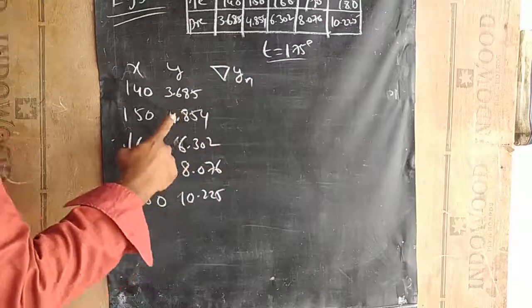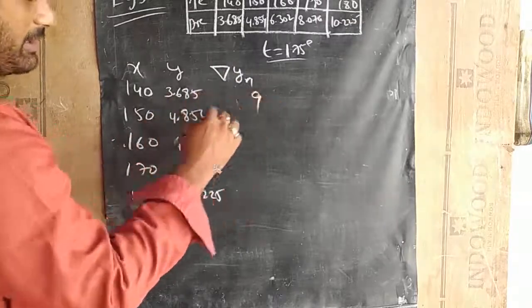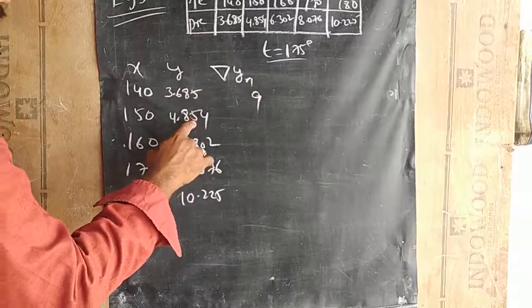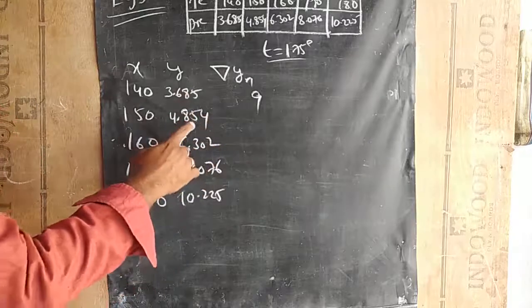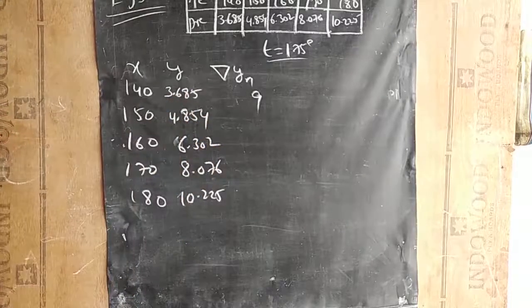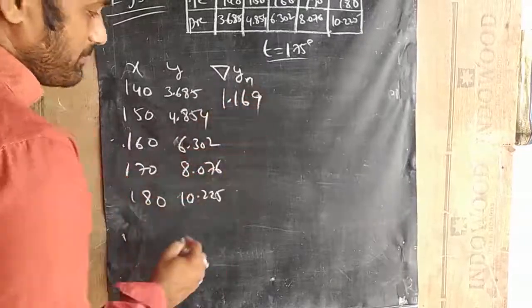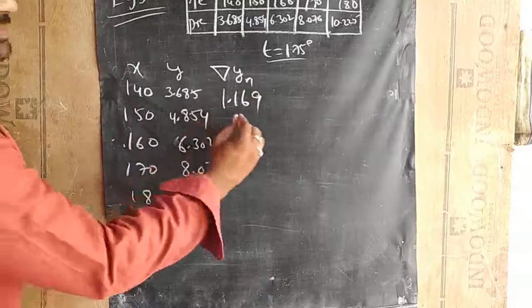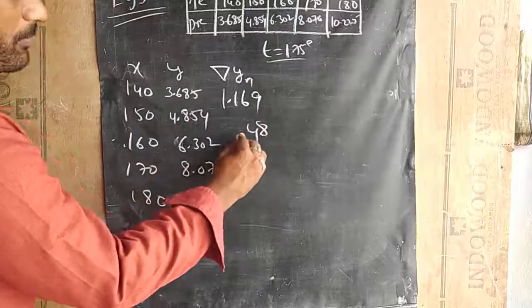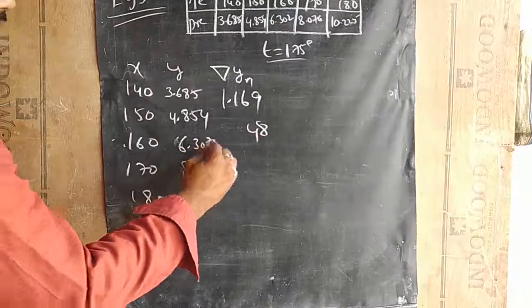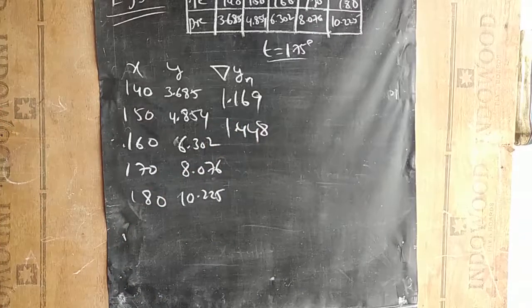Since we are doing backward, that is delta yn. So first, 4.854 minus 3.685 will be 1.169. Next, 6.302 minus 4.854 is 1.448.